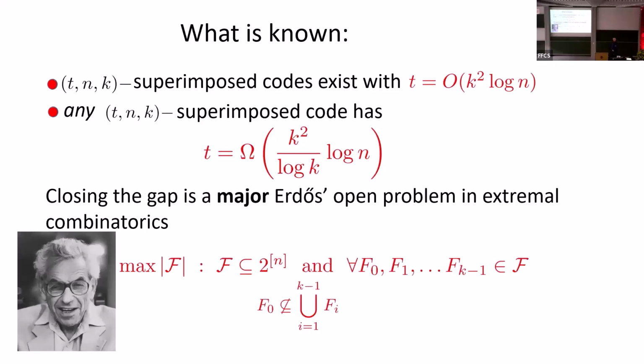Closing the gap is very difficult because it is related to a famous open problem by Erdős on the maximum size of a so-called cover-free family. That is, what is the maximum size of a family of subsets such that no set is included in the union of other k minus 1? This is a problem that Erdős posed in the 80s and is still open, essentially.